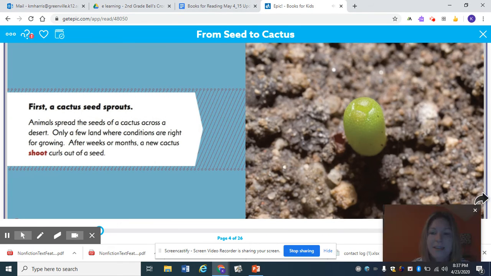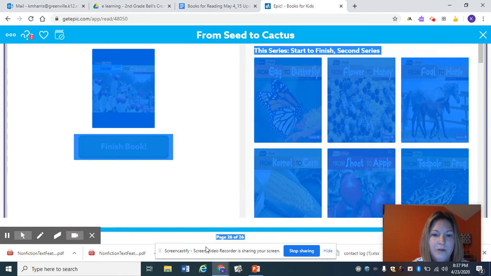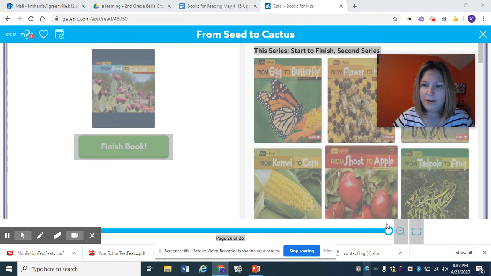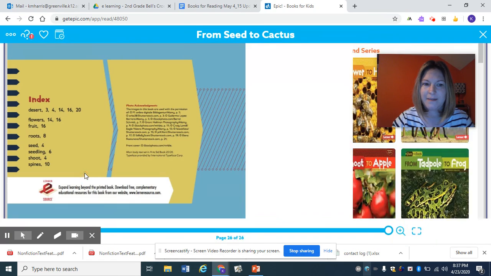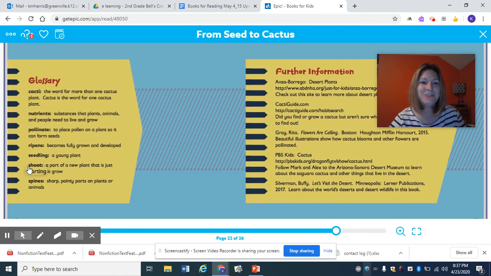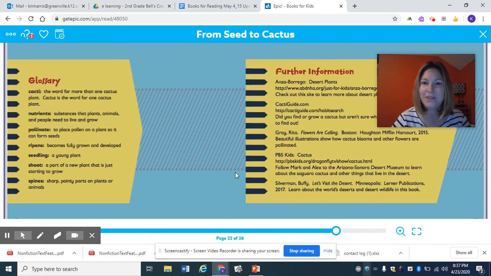We'll go back to the end and read that definition again. Okay, I'm struggling here. There we go. Okay. So the shoot is a part of a new plant that is just starting to grow.